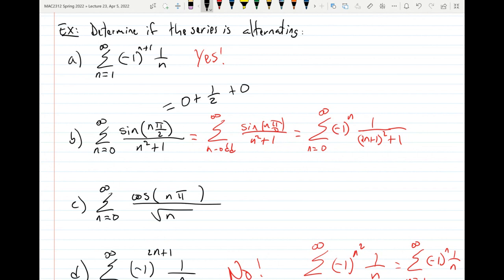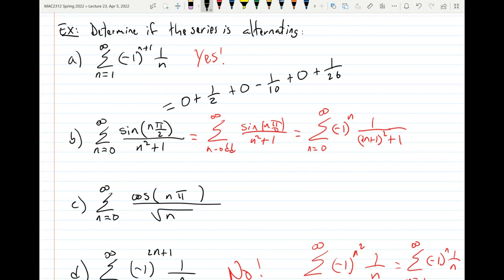When n is equal to 3, -1 over 10, right? Because it's 3 squared plus 1. When n is equal to 4, 0. I'm going to do one more. When n is equal to 5, 1 over 26, so we are positive because 5 pi over 2 is coterminal with pi over 2, right? So it will be positive, and then it will be 1 over 26, and so on, right?